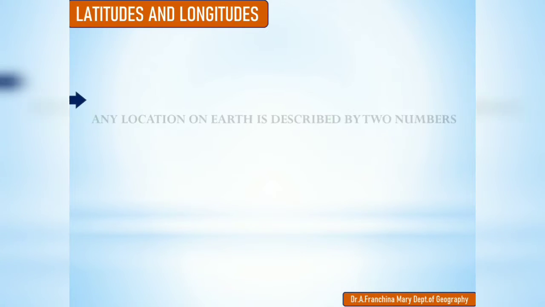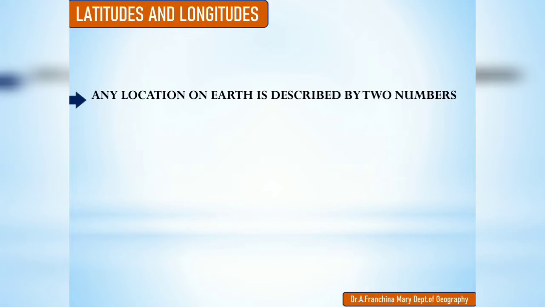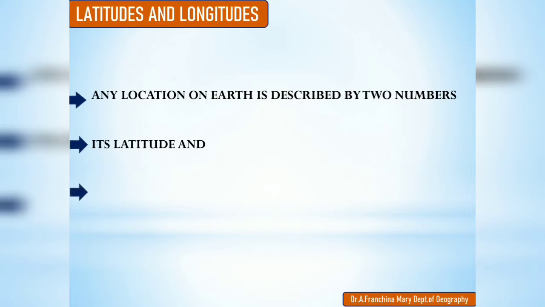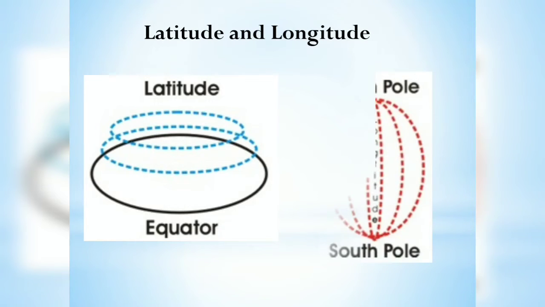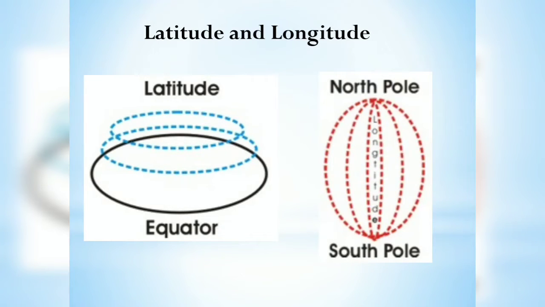Any location on earth is described by two numbers, its latitude and its longitude. The earth is divided into lots of lines called latitudes and longitudes. These are imaginary lines drawn on maps to easily locate places on the earth.